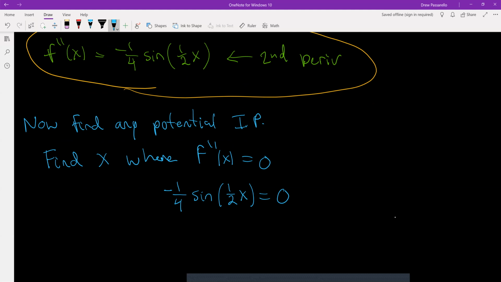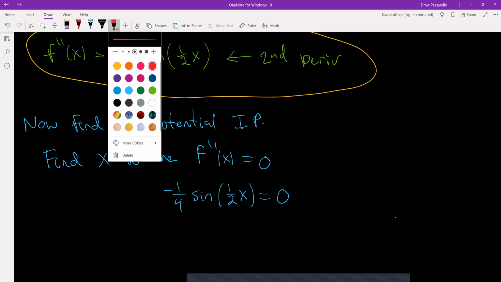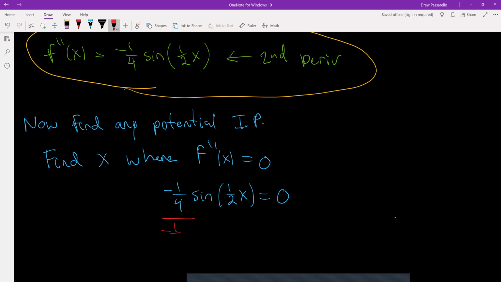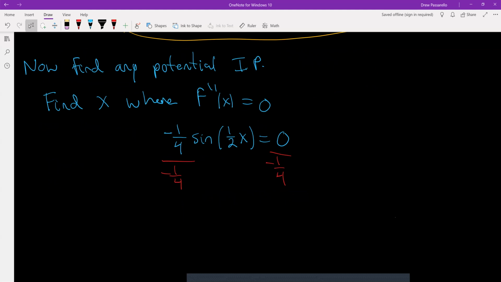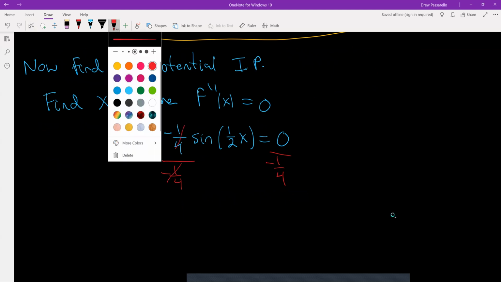You can divide both sides by negative 1/4. 0 divided by any number is 0, except for 0, but we're not dividing by 0 in this case. So we have sine of 1/2 x equal to 0.